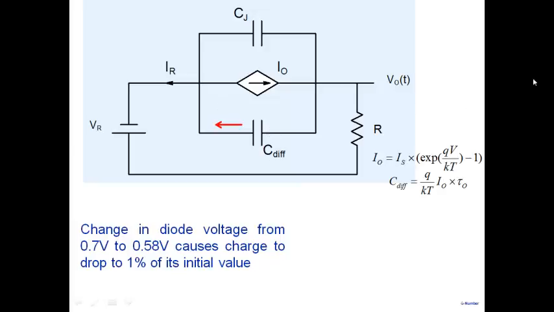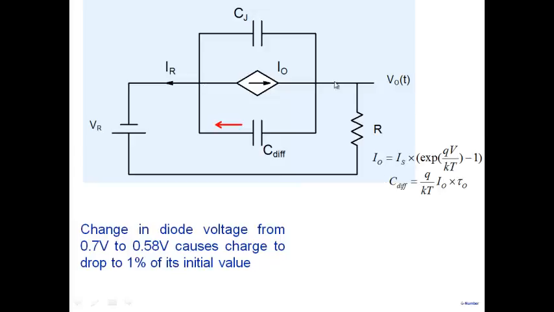So now, as it's discharging, what is the voltage across this particular terminal? It's changing from 0.7 to 0.58. And this is how much? I've applied a reverse bias of minus 5 volt.